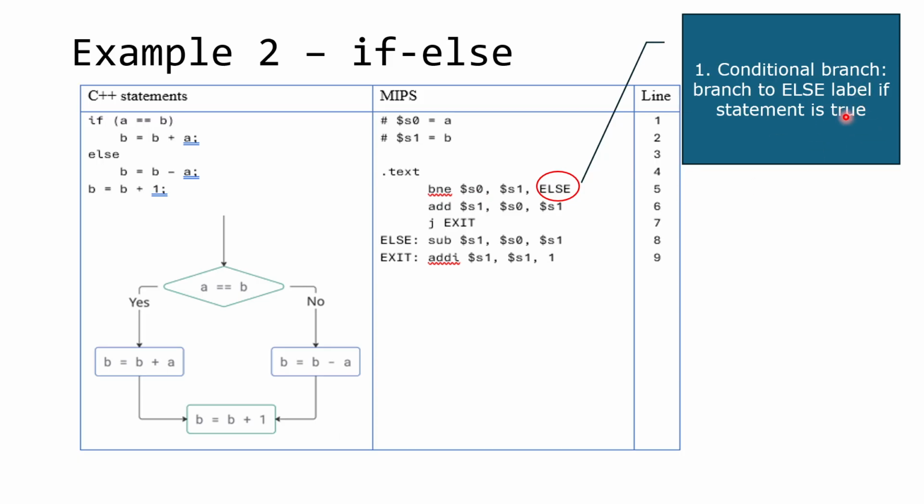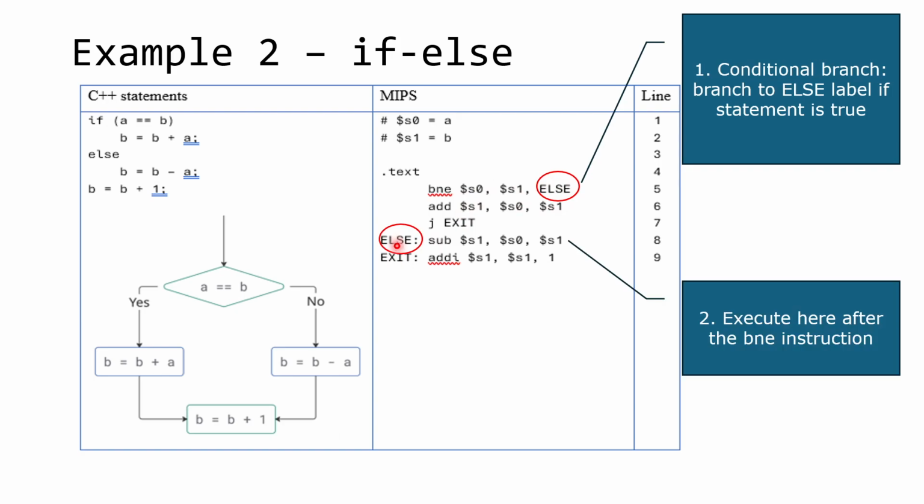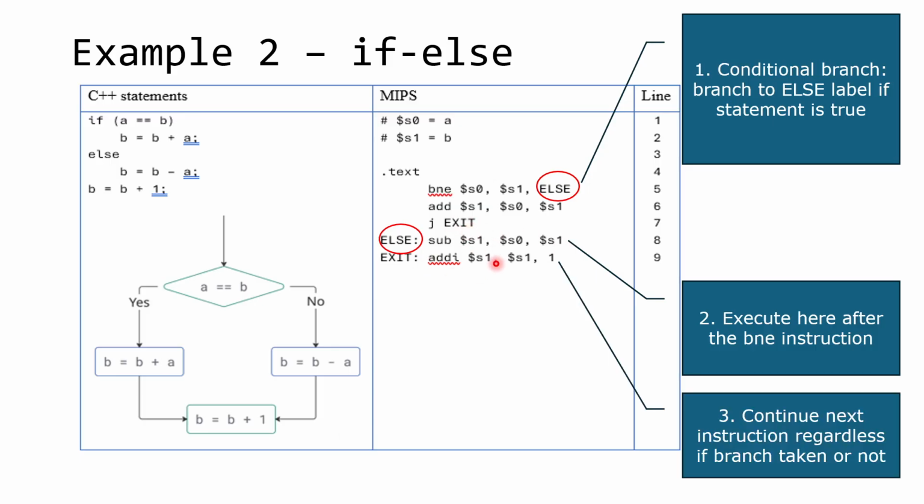If the statement is true, means if S0 is not equal to S1, then we will jump to the else statement here, where they will execute B is equal to B minus A. So S0 minus S1 and then store back inside S1. And then after that, continue with the next instruction, regardless if the branch was taken or not. Here, B is equal to B plus 1.